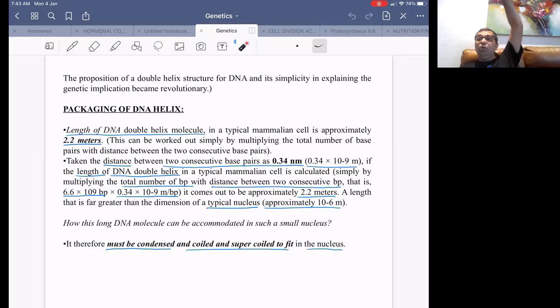That is the length of DNA found within one human body.